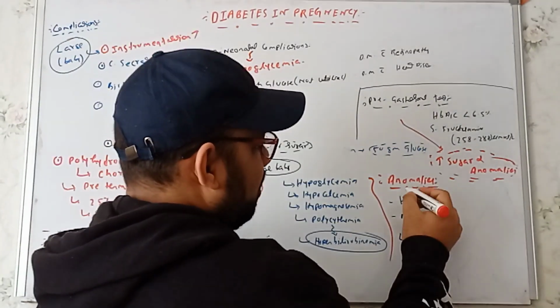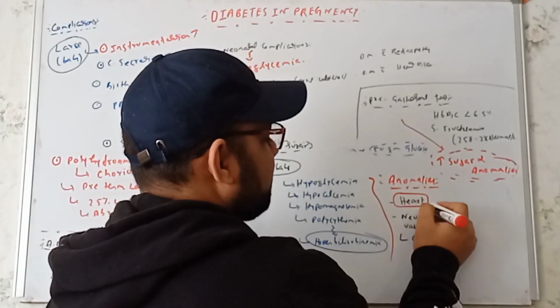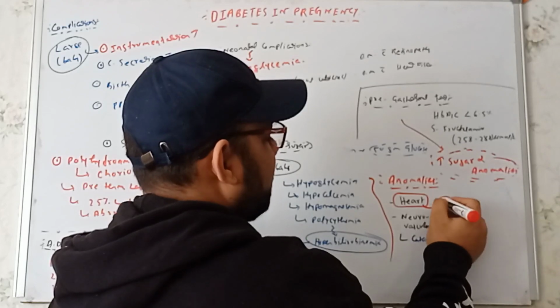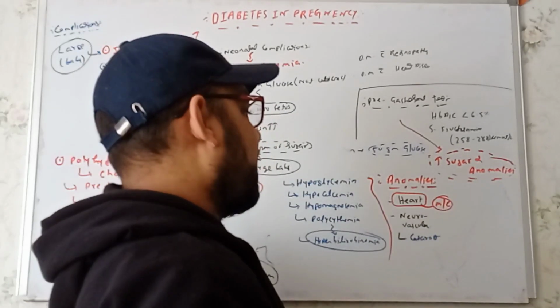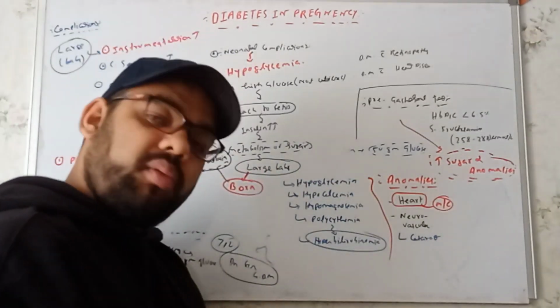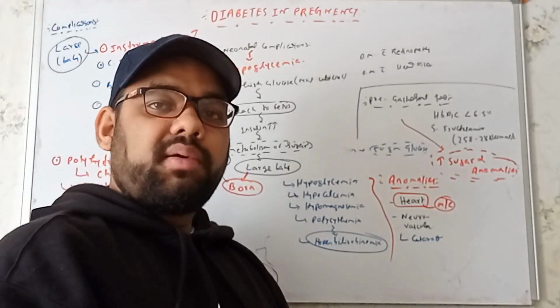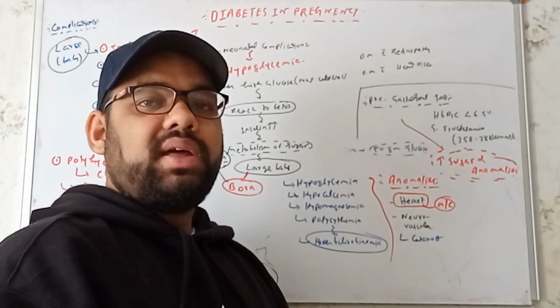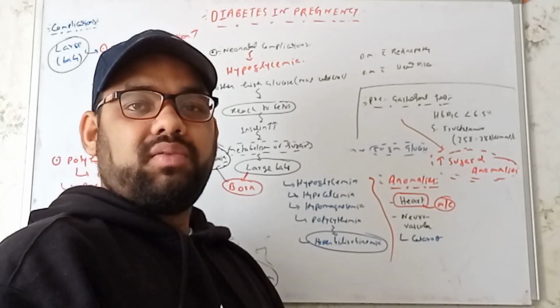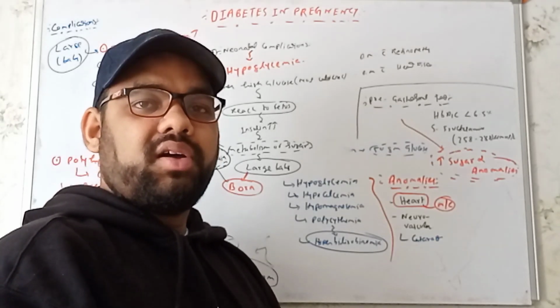Among these three, the most common complications we get are within the heart. The most common site of anomalies is the heart. The anomaly we see is transposition of the great vessels.